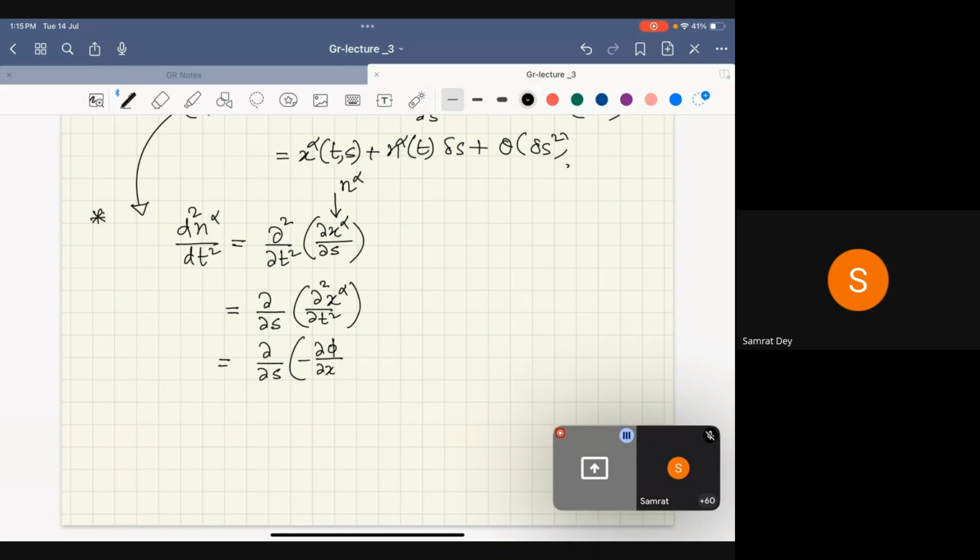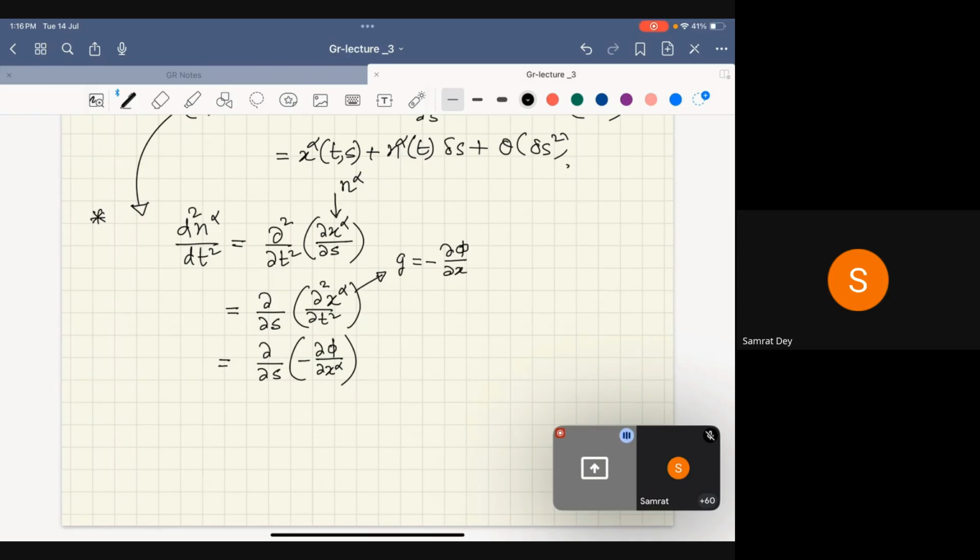I know that partial^2 x^alpha over partial t^2 is the true Newtonian acceleration, which is the same as minus the gradient of phi, minus partial phi over partial x^alpha, the gravitational acceleration.